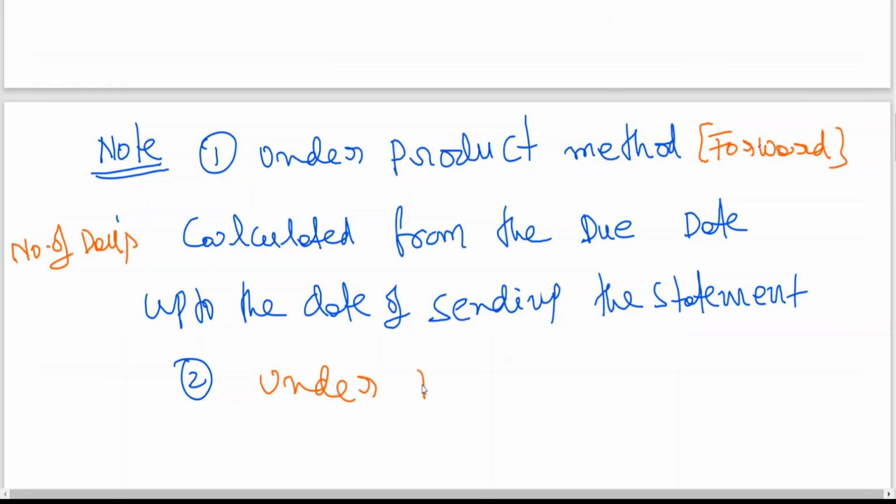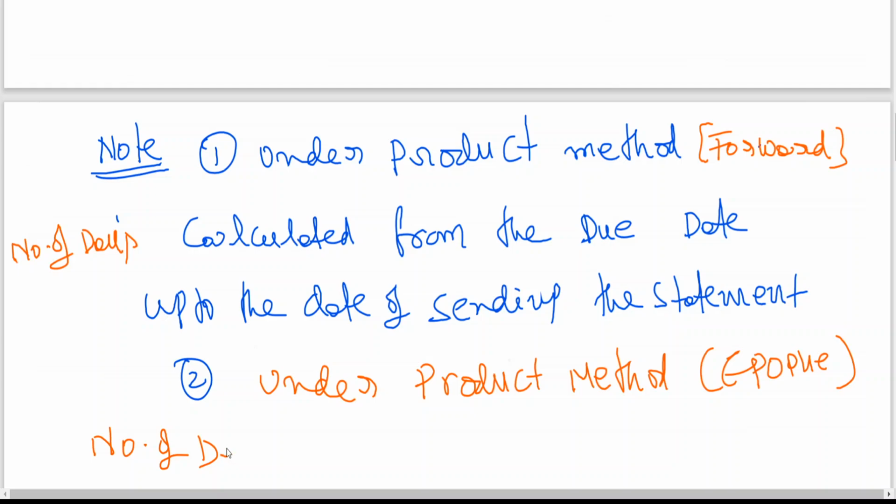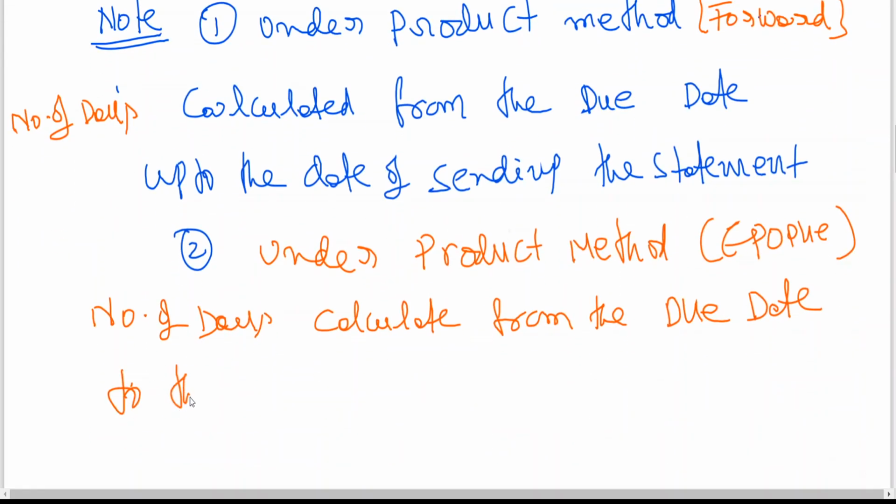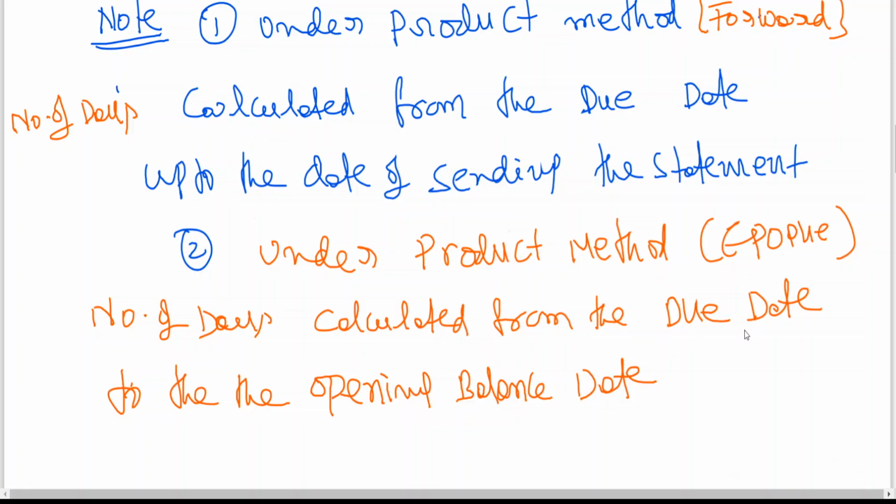Under product method, brackets epoch or backward, number of days calculated from the due date to the opening balance date.